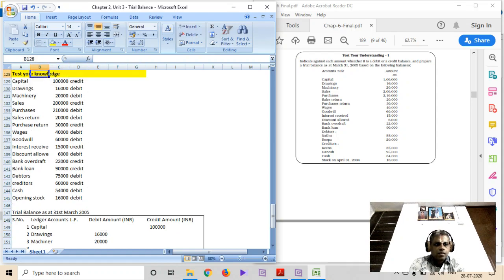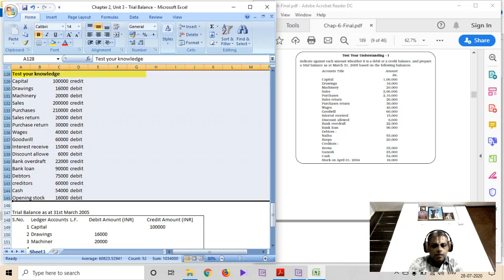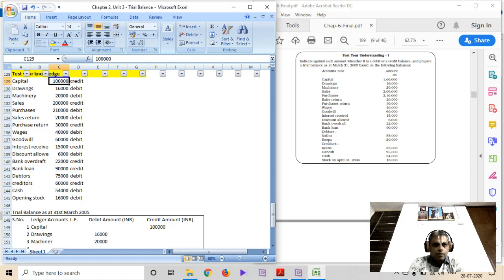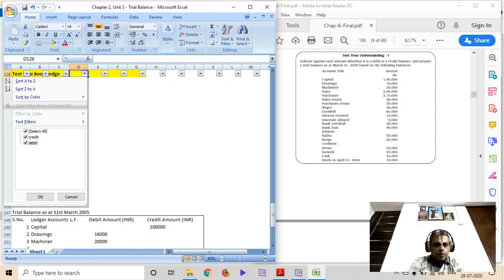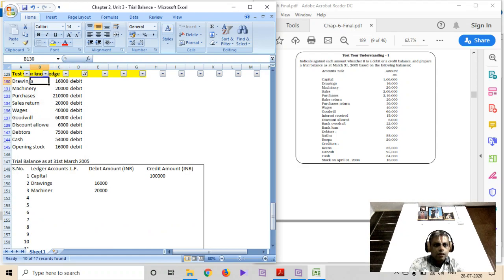I'm just putting a filter here, copying the debit side. These are all the debit transactions, right? Debit transactions and the amount.